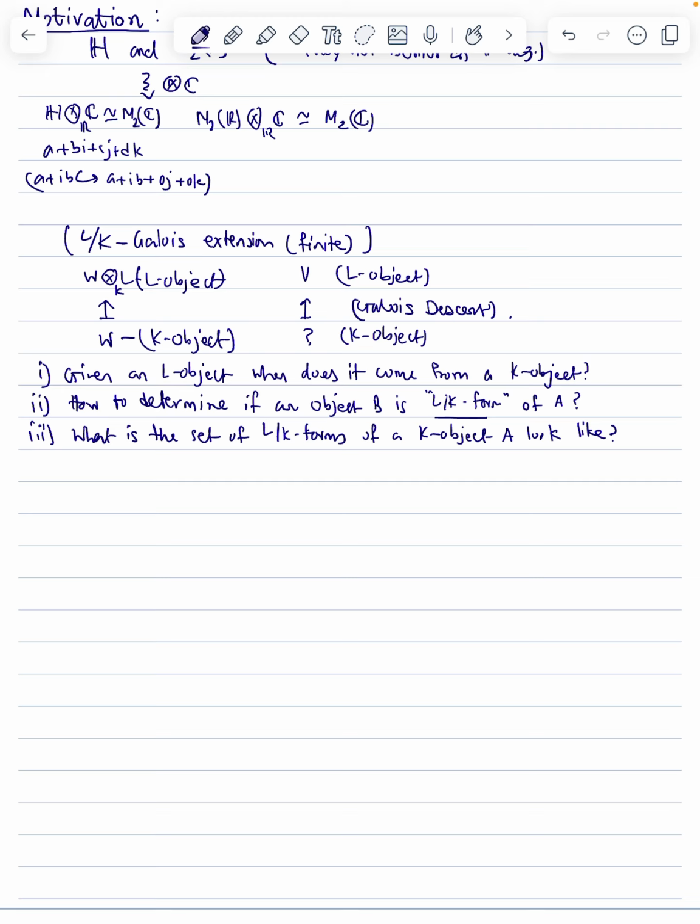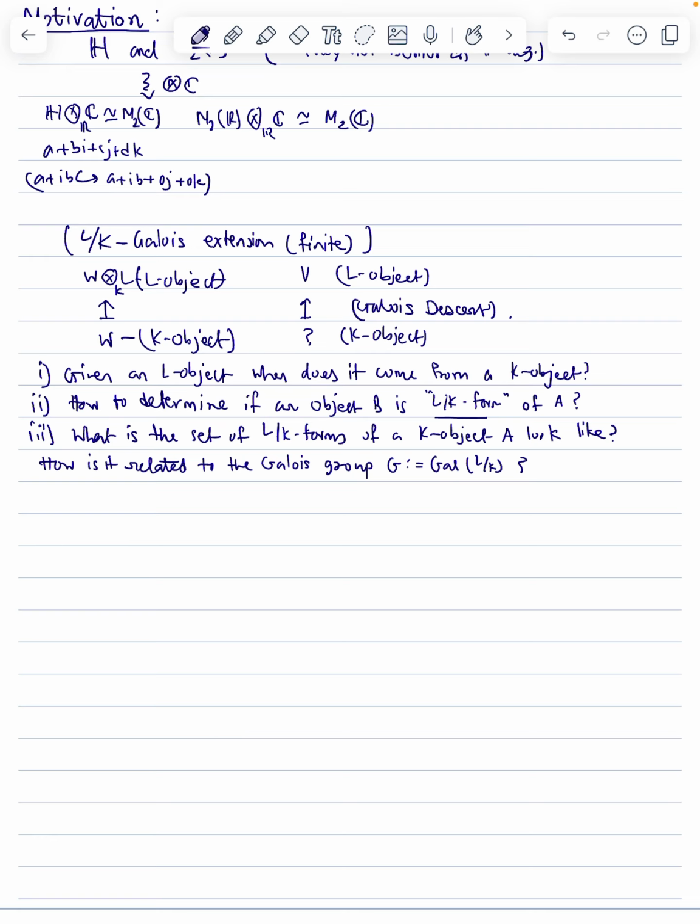Or more precisely, is there any relation of that set, how is it related to the Galois group, which I will denote throughout my talk as capital G?